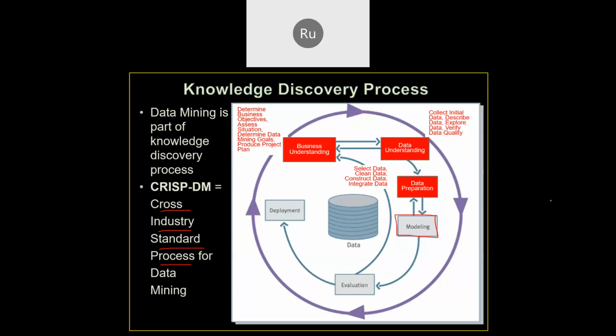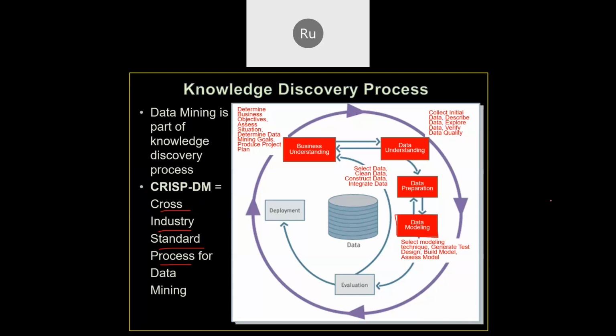Once we prepare the data for modeling, then we can perform the data modeling. This is sometimes called data mining. So we select the model or the machine learning algorithm technique, and we will perform the training and testing, and then we will get some result from this.